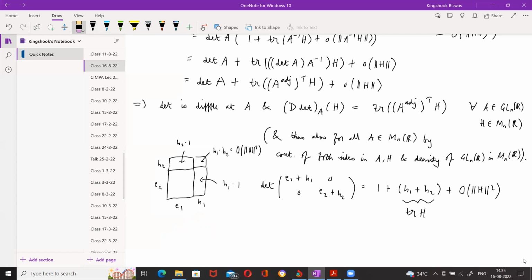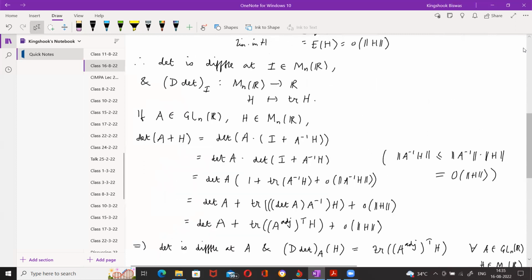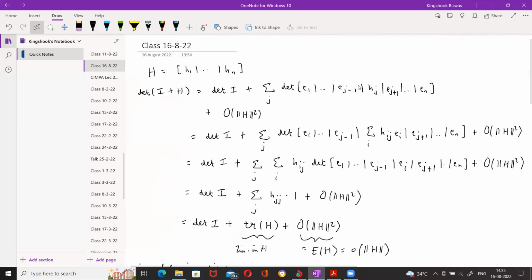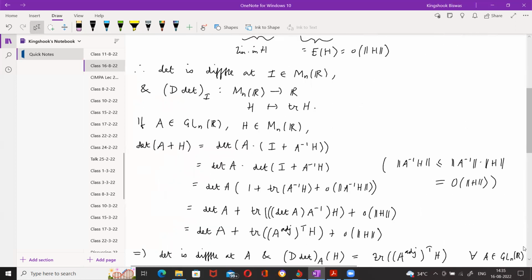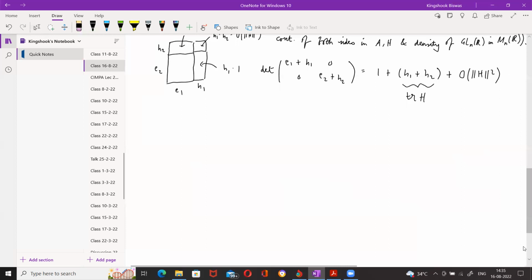Okay, so now we've talked about the determinant. The determinant is a multilinear function of its columns, right? And it also gives you a notion of volume, right?